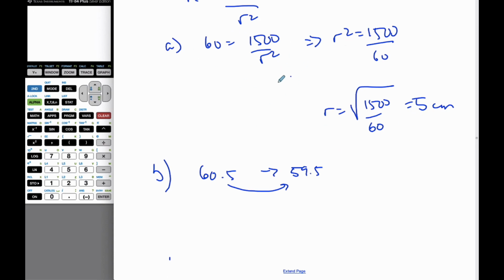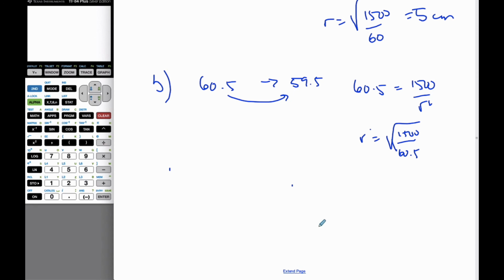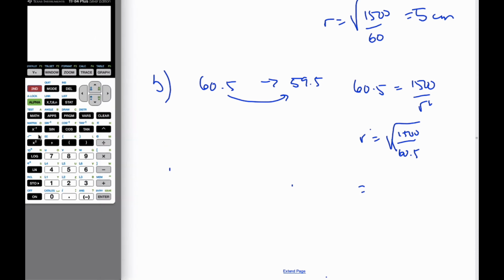So if I use my equation again, I'm going to consider the upper end of height, which will be 1500 over r squared. And I know that r will then be the square root of 1500 divided by 60.5.